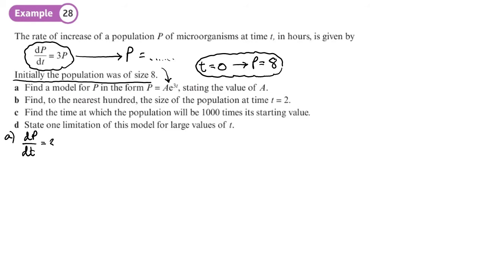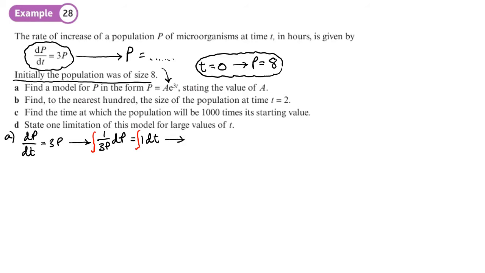Okay, so dp/dt equals 3p. So separation of variables: multiply both sides by dt and then divide both sides by 3p. I will get 1 over 3p dp equals dt, so this is like 1 dt. Integration symbol in front of both sides so we can integrate.